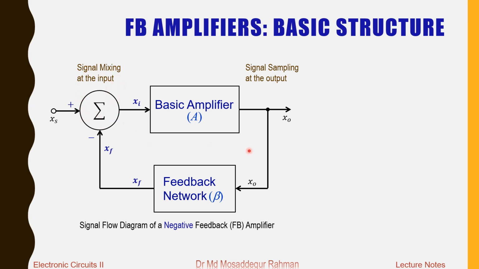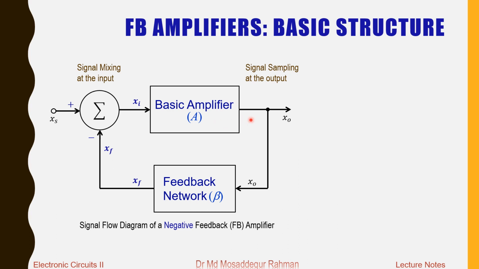So the feedback network will sample the signal from the output, produce a feedback signal, and that feedback signal will be mixed with the source signal, and the resultant will be applied to the input of the basic amplifier, which will then be amplified by the basic amplifier.